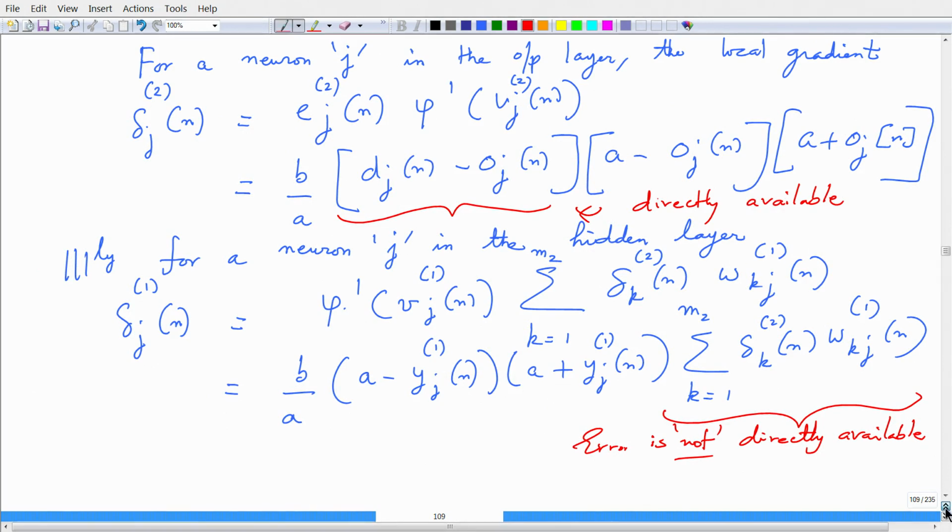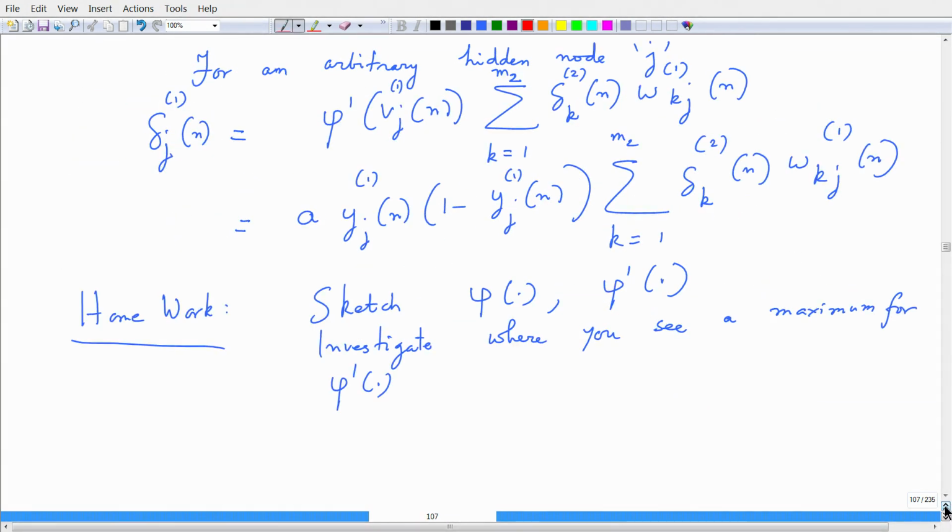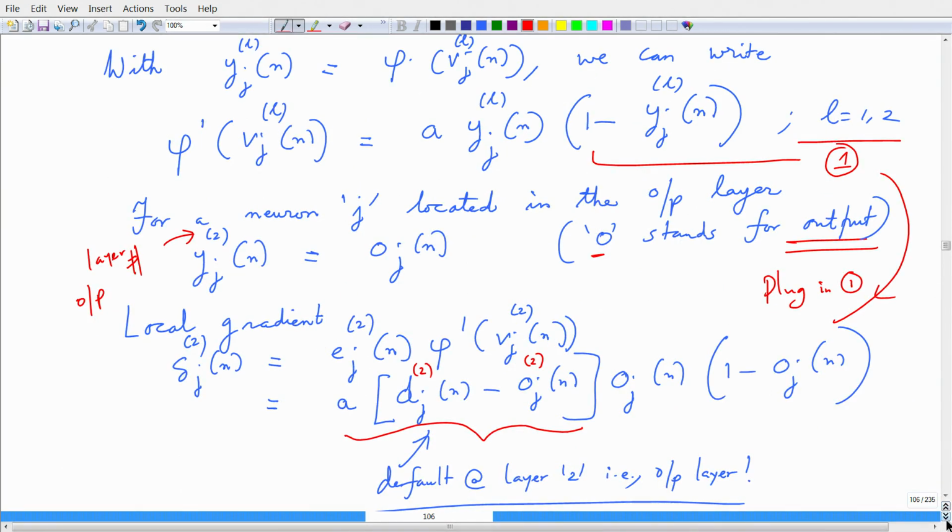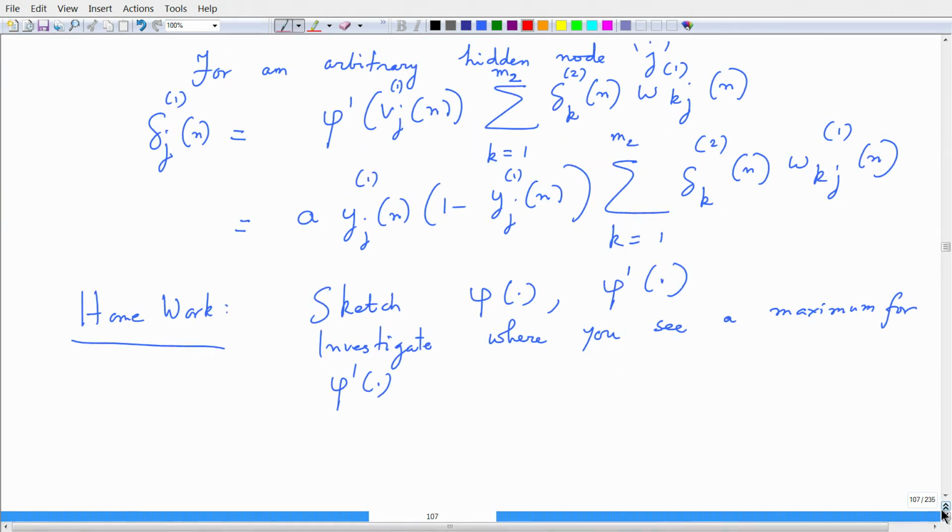Now, for an arbitrary hidden node j, we can compute the local gradient delta j, right, and this is given by the derivative of the activation function evaluated at the local reception field seen at the neuron j in the lth layer, times this summation over all these scaled local gradients from the output layer, right.